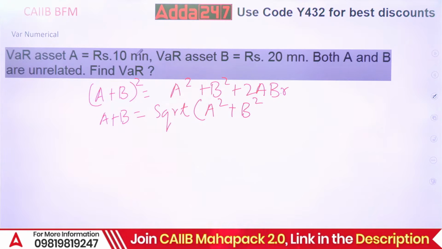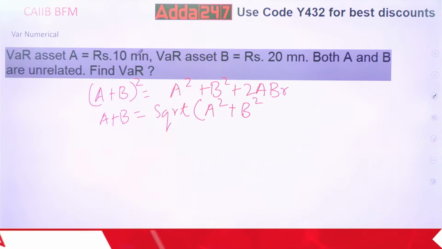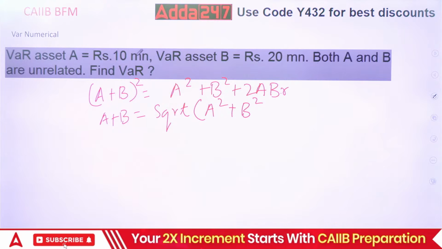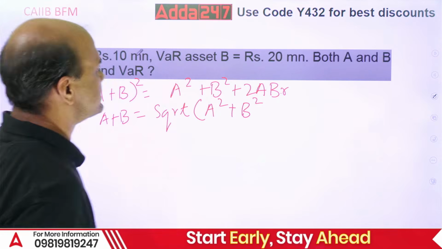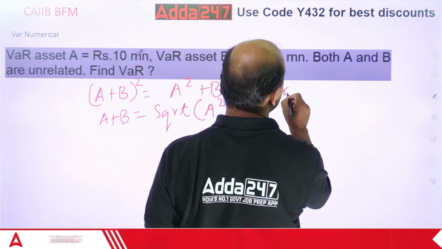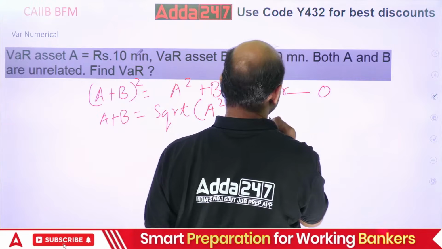Everyone forgot? Just now we did it. R is equal to 0.